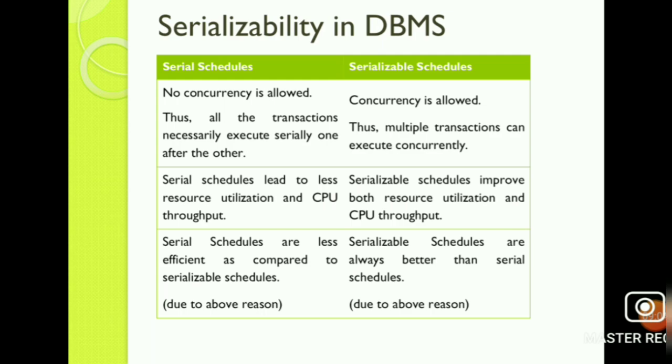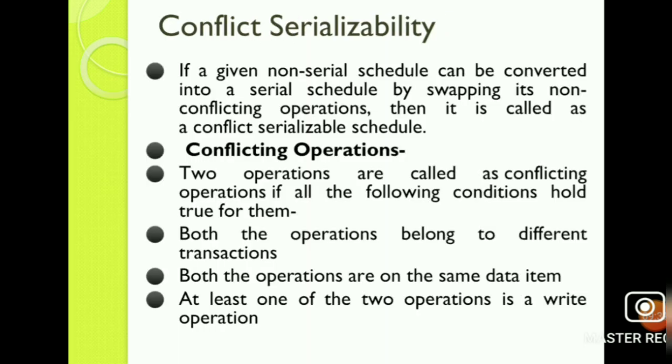Serial schedule means no concurrency is allowed, which means less resource utilization and less CPU throughput. Serializable means concurrency is allowed, so we can improve the resource utilization and CPU throughput. Serial schedules are less efficient compared to serializable schedules, whereas serializable schedules are always better than serial schedules.